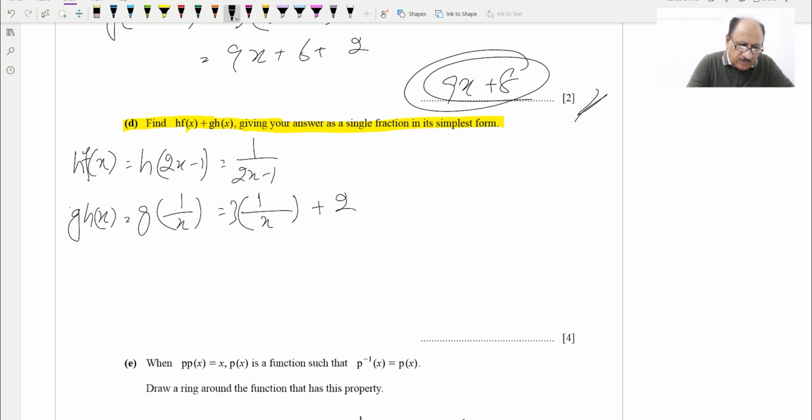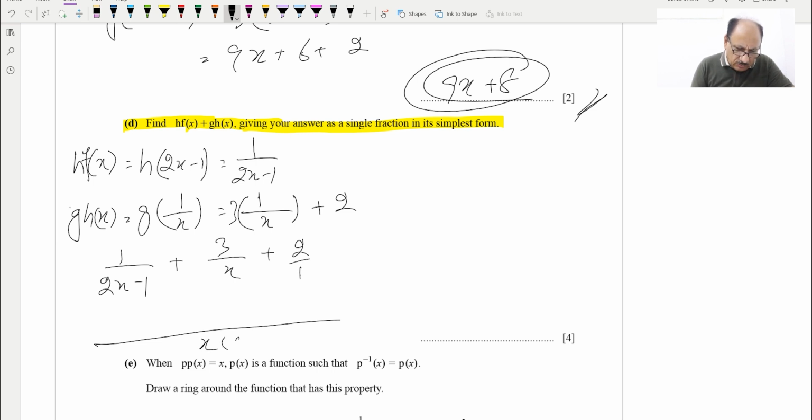How will we be adding this? It will be 1 over 2x minus 1 plus 3 over x plus 2, and then we can take the LCM. So it will be x into 1, which is x, over 2x minus 1 times x, plus 3 into 2x minus 1, plus 2x into 2x minus 1.